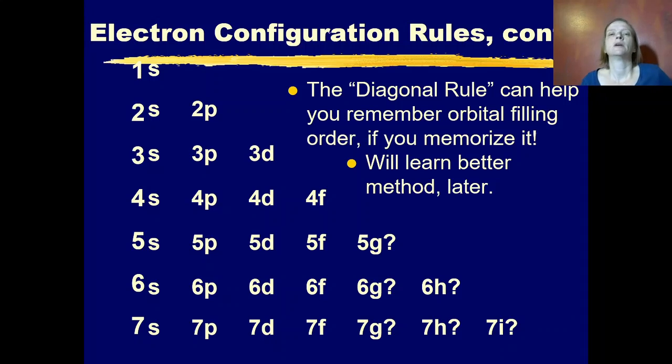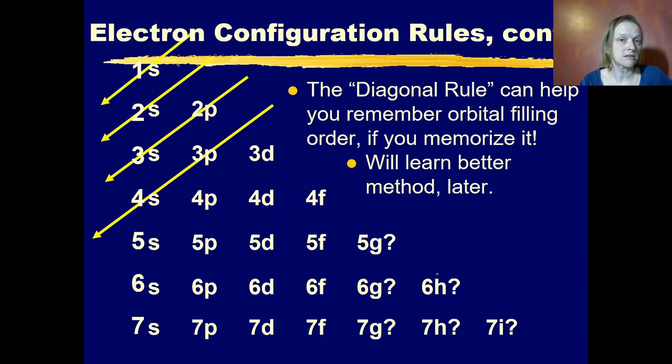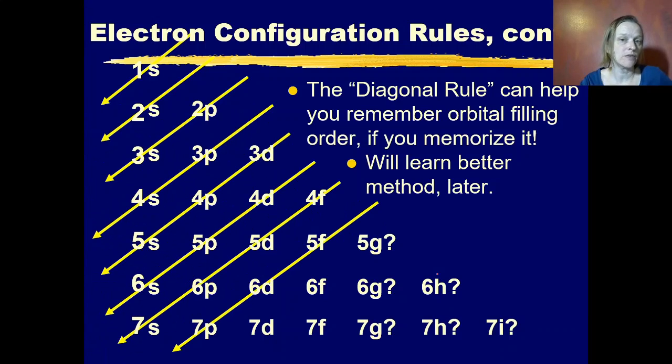Okay, so how do we use this diagram to help us remember the correct filling order? This is called the diagonal rule because if you start drawing diagonal lines, like so, through the different energy sublevels, it will tell you the correct filling order if you start at the top and work your way down.